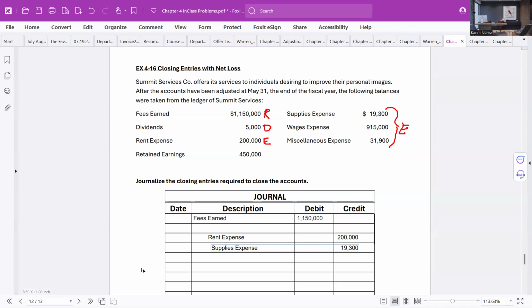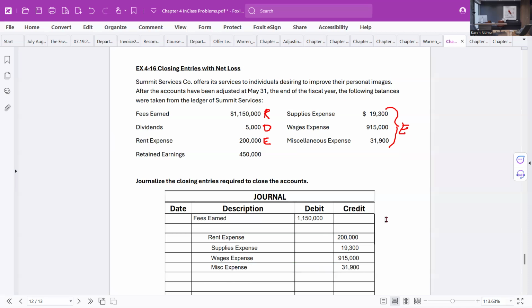And then we also have wages, and the wages are $915,000. And then lastly, we have the miscellaneous, and that's 31,900. Okay, so we have debited the revenue account and credited the expense accounts.